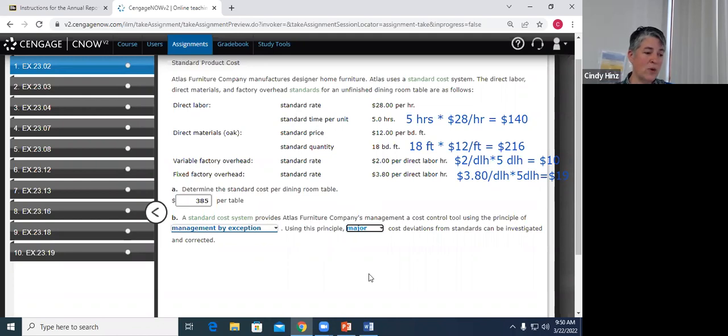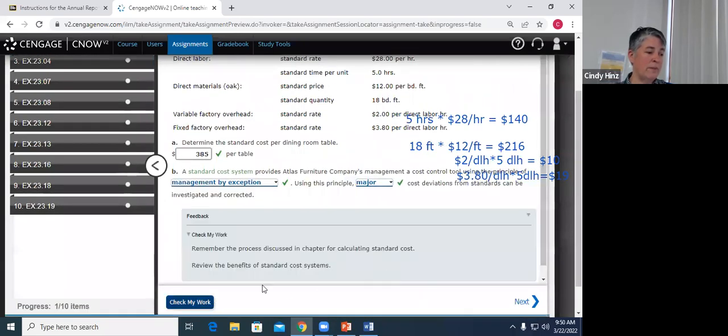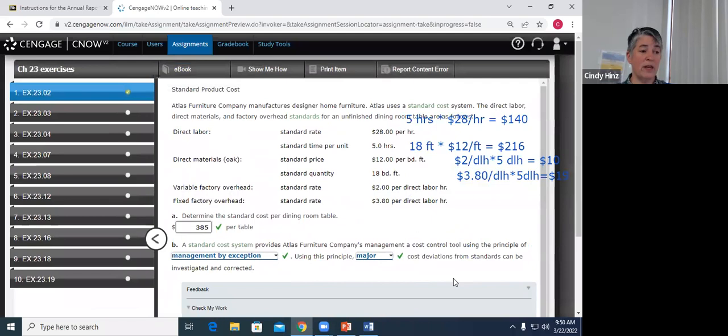As I already mentioned, we're going to be calculating favorable and unfavorable variances. And so if you think about it, if we have favorable variances in one area and unfavorable variances in another area, they're going to, at least to some extent, cancel each other out. So let's say our cost for the table came in at $386.